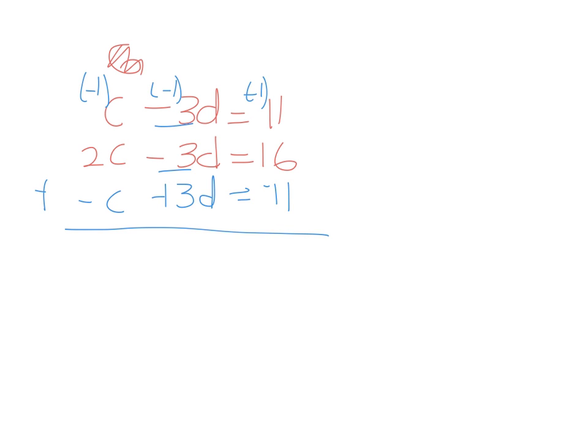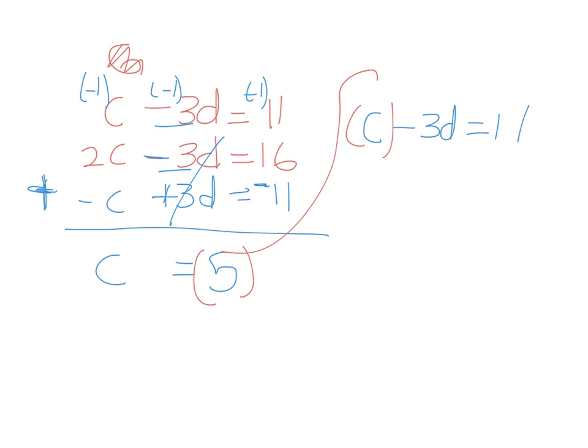I'm going to add my equations together. So we're always adding, we're always making sure one's negative, one's positive, and we're adding. 2c plus negative c is c. The d is canceled. 16 plus negative 11 is 5. Okay, I've got my c. I'm going to take this original equation, c minus 3d equals 11. I know the c equals 5.